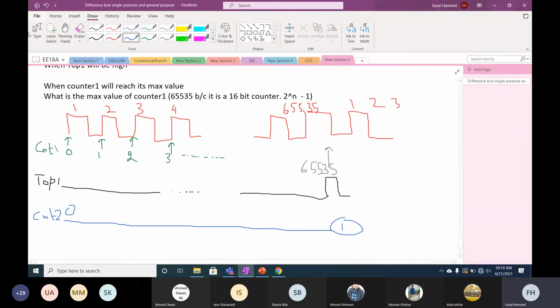Top one will be 0 for a very long time, until the number of clock cycles reaches 65,535 again, and top one becomes 1. At that point, what will be the value of count 2?